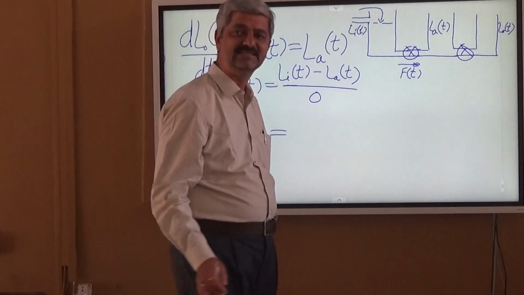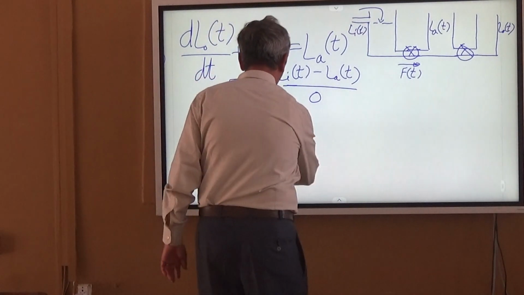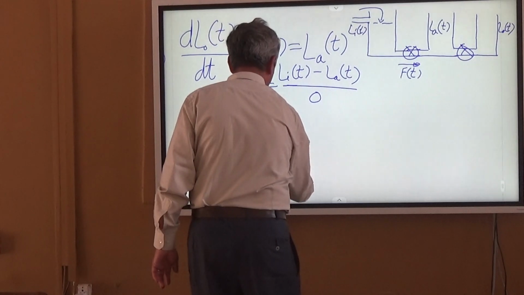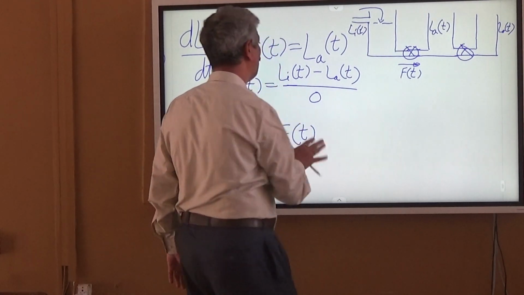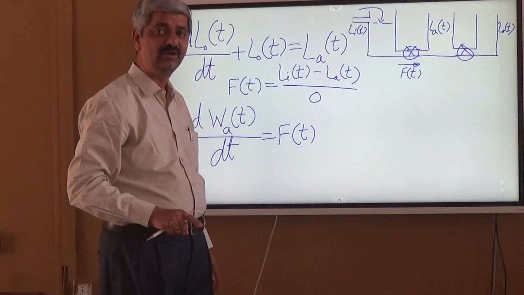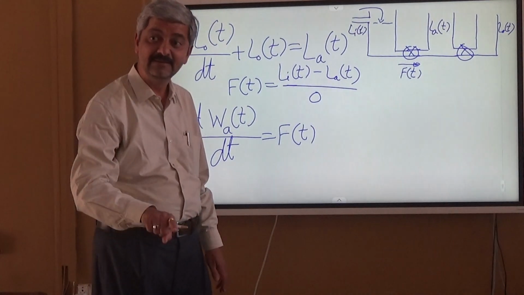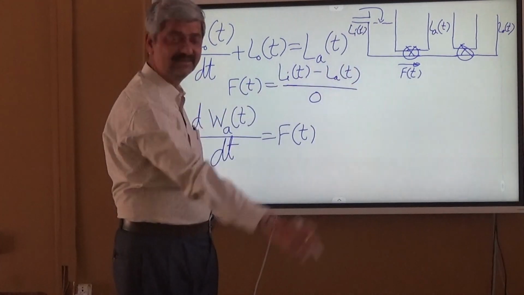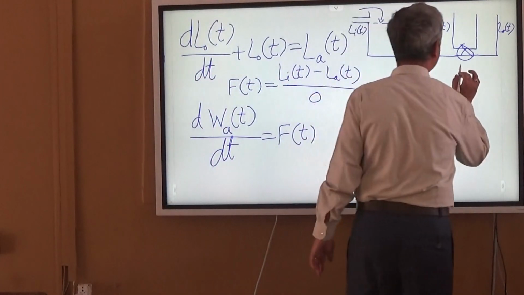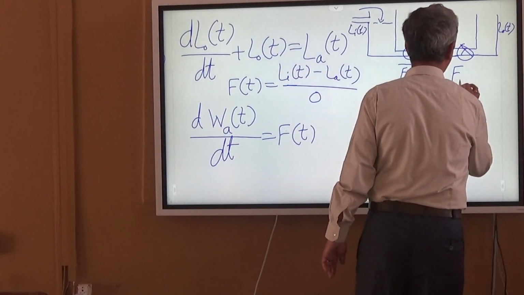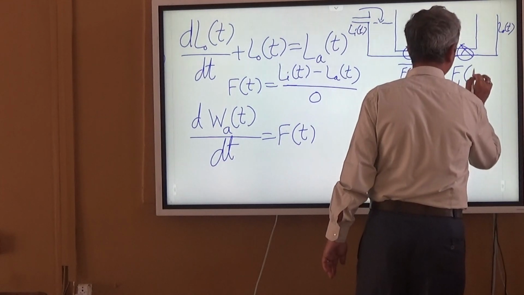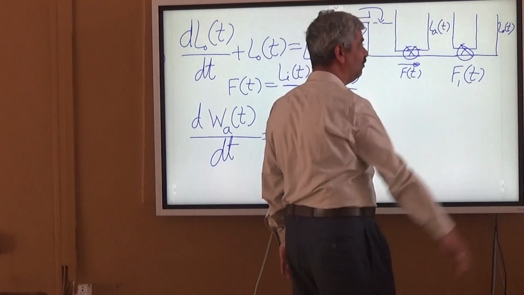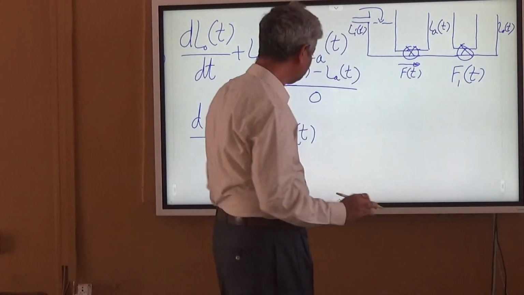Now in this case, by common sense, what would be dWAT by dt? Will it be equal to FT? No. It will be equal to FT minus. Why minus? Because it is going out, right? Minus this, we can say F1T. I kept this as fixed and F1T. Right? Is it okay?